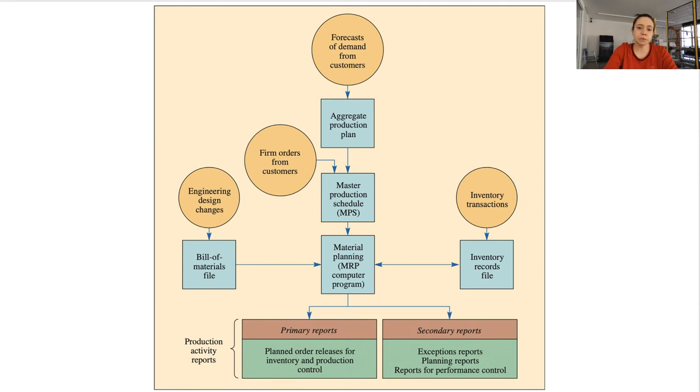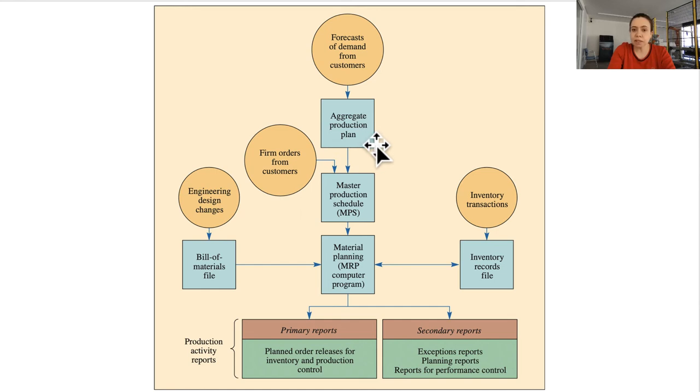Here is a figure showing the inputs of the MRP system. Here we have the MRP, and as I mentioned, MPS is one of the important inputs of the MRP system. And here, before MPS, you see that we have the aggregate production plan, and forecast or demand from customers is the input for this aggregate production plan.